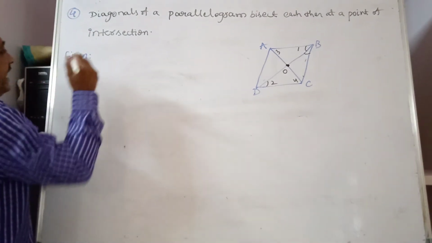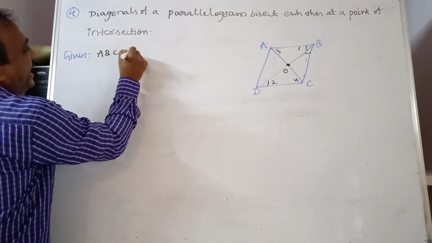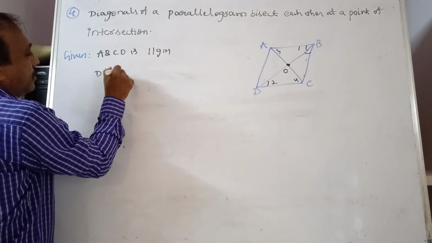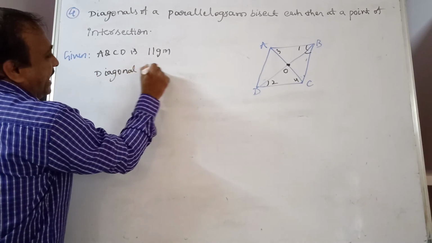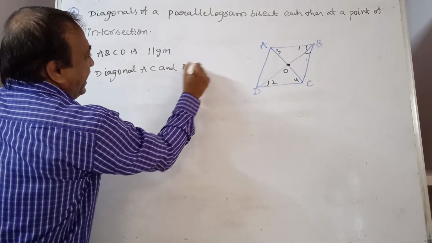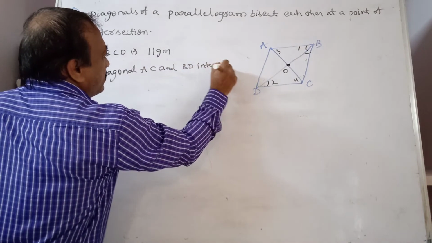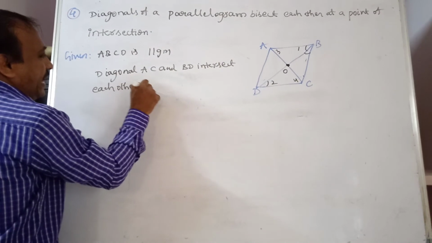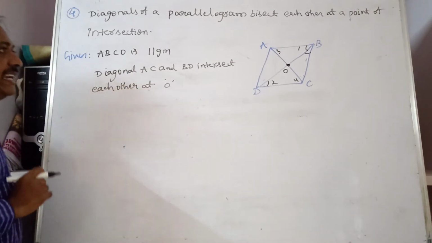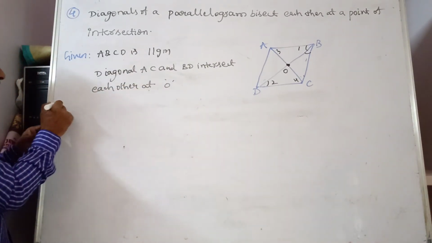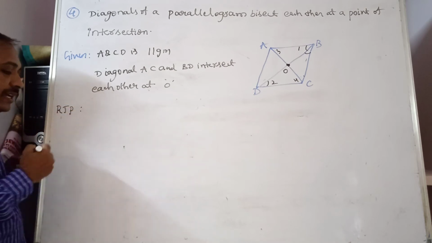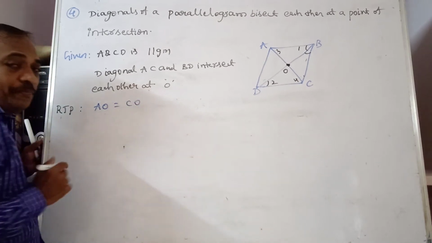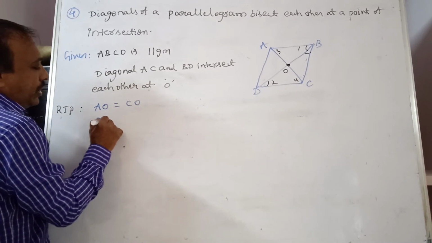Diagonals AC and BD intersect each other at O. So we are required to prove that AO length is equal to CO length, that is one, and BO is equal to DO.